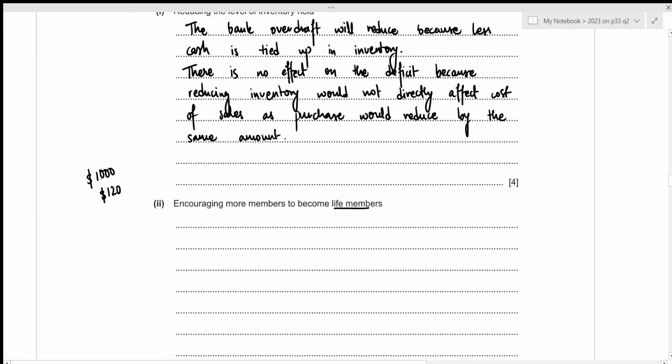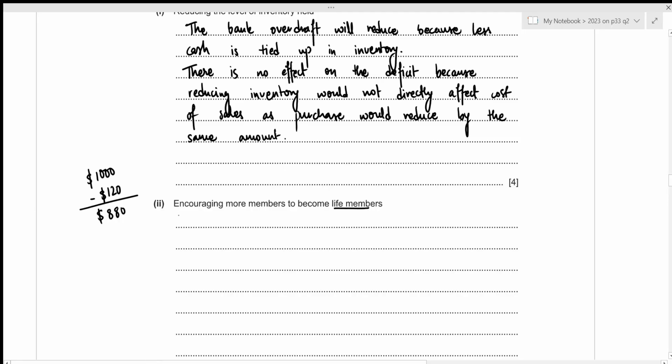But this will only be the payment currently, and there will be no further payments for the next 10 years, right? So the overdraft will be reduced, but only in the short term, and we will have the increased amount of 1,000 minus 120, which is 880 per life member in the first year, but there will be no income or receipt within our bank account for the next 9 years.